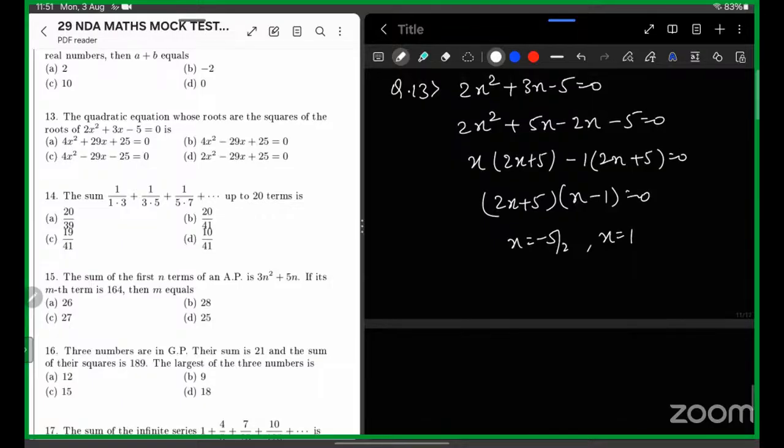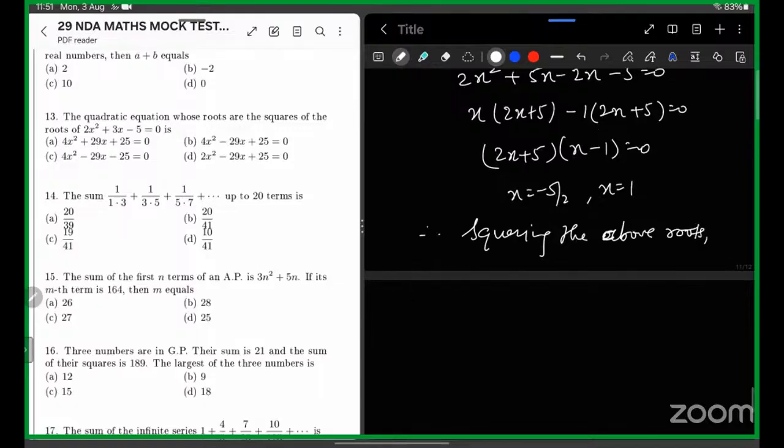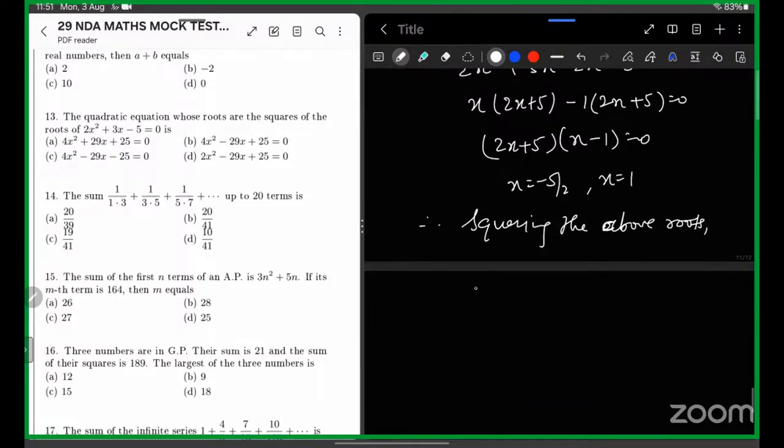Now they are saying to find out the new quadratic whose roots are the squares of these roots. Therefore, squaring the above roots, taking minus 5 by 2 as alpha, its square will become 25 by 4, and beta equal to 1, its square is 1.